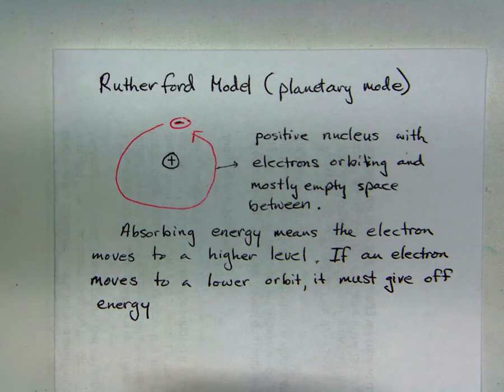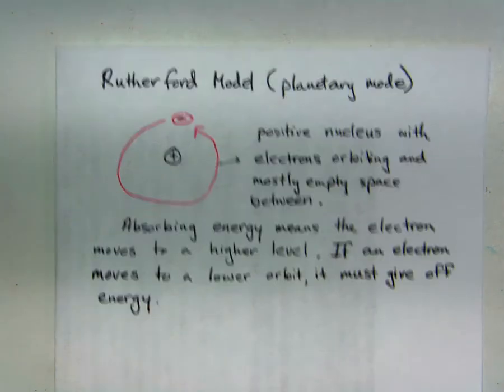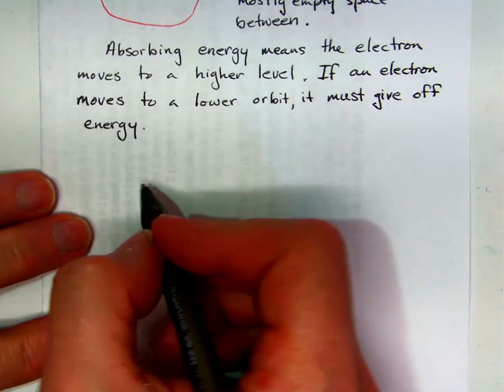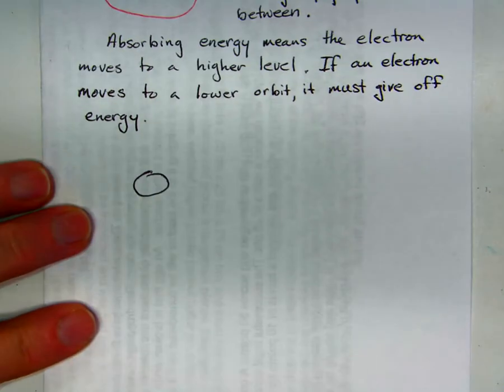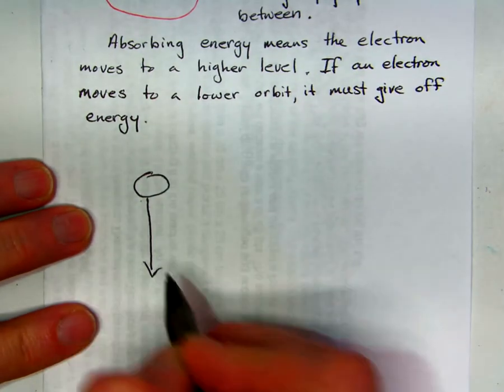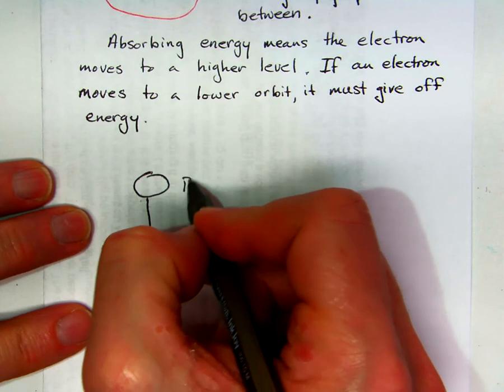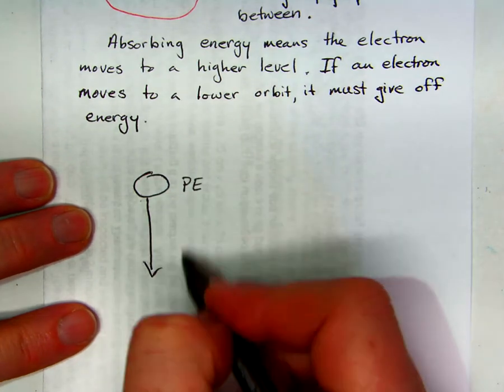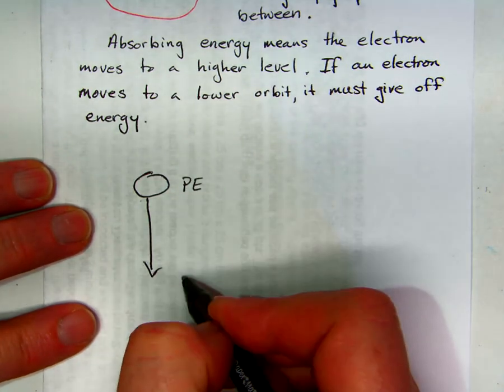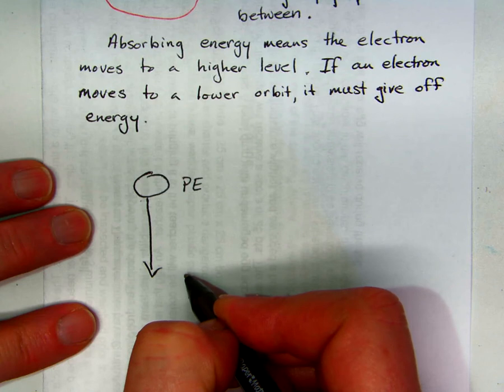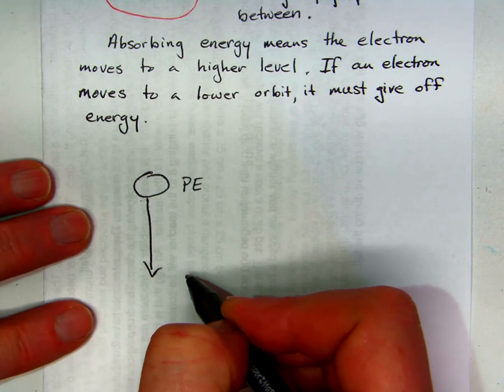Okay, so again, I'll use the analogy from gravity. If we have something that's up high and it goes down like that, it starts with this amount of potential energy. The potential energy goes away as it's falling. It's got to go to something.